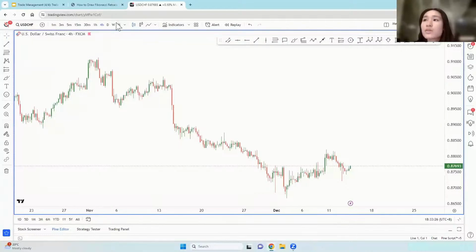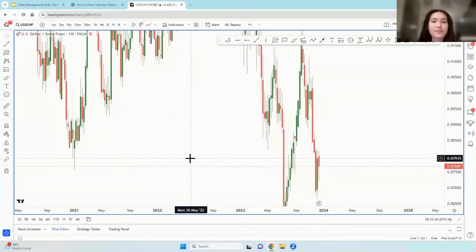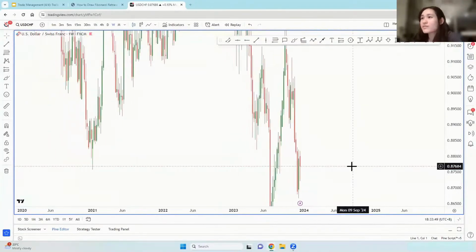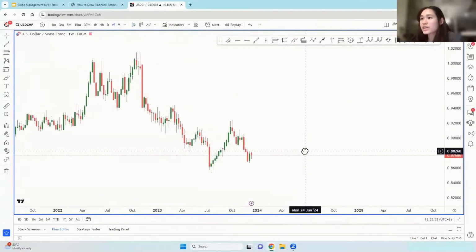Starting off, we're going to look at our weekly time frame. This is what our charts look like.